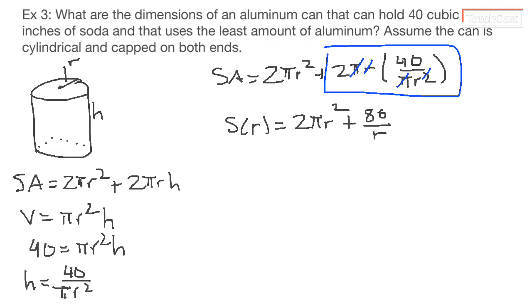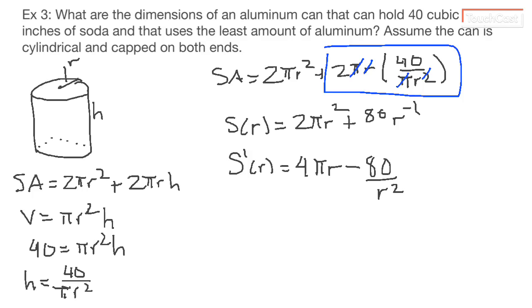Now I'm actually even going to go as far as to bring the r up with a negative power, because we're going to find the derivative of this function, S prime. We're going to bring a 2 down from 2 pi r squared. We're going to get 4 pi r plus, we bring a negative 1 down, so we're going to have minus 80 r to the negative 2, which let's just go ahead and bring that straight down and call it 80 over r squared.